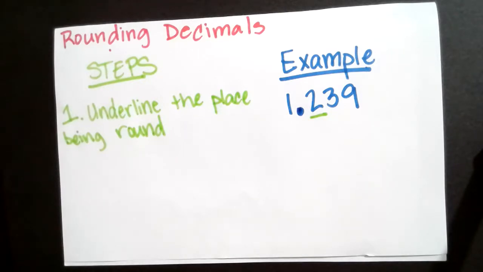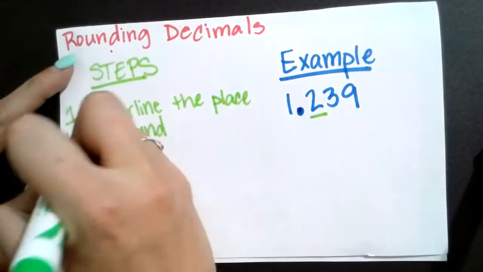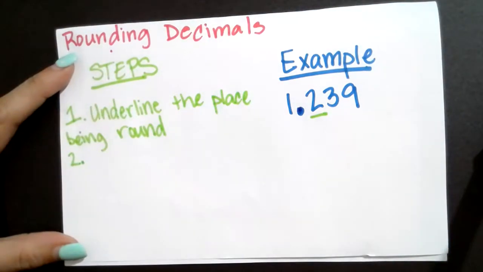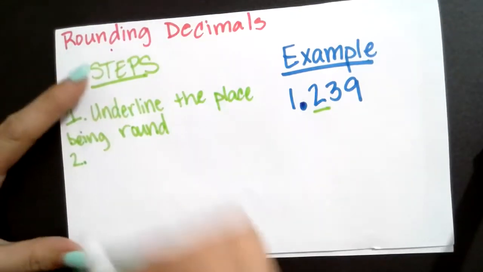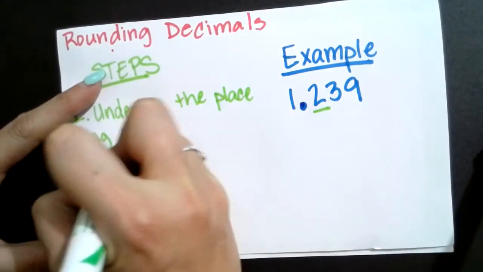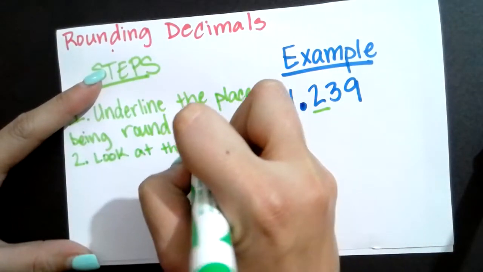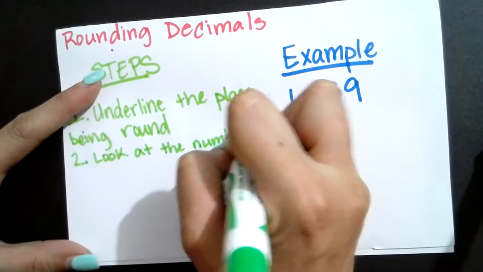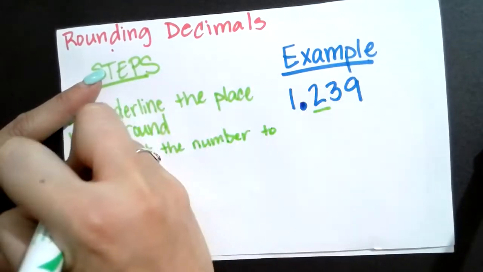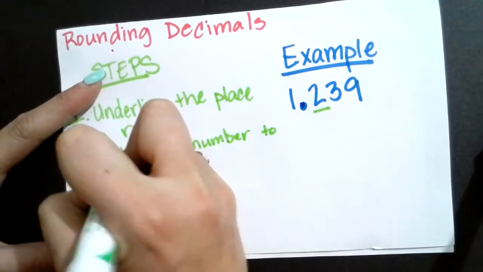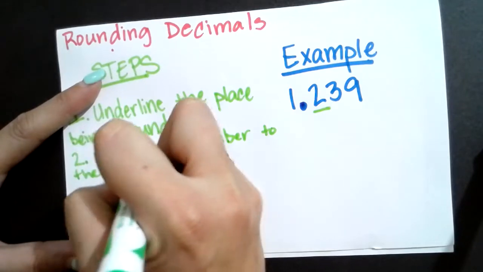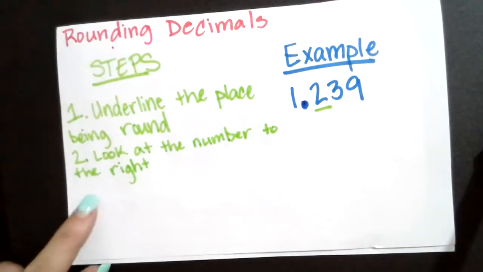Step two is to look at the number to the right of your underlined number.